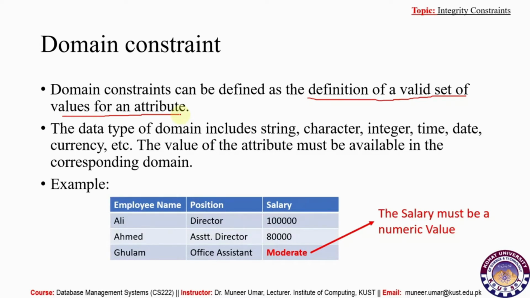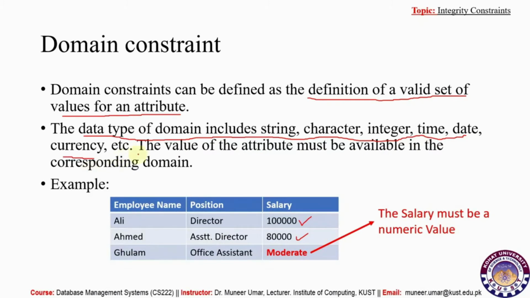As we saw, for salary the possible values are decimal values or numeric values. The data types of domain include string, character, integer, time, date, currency, etc. The value of the attribute must be available in the corresponding domain.